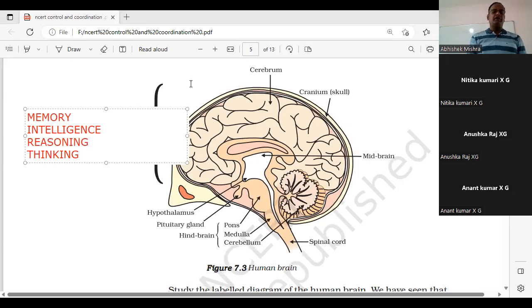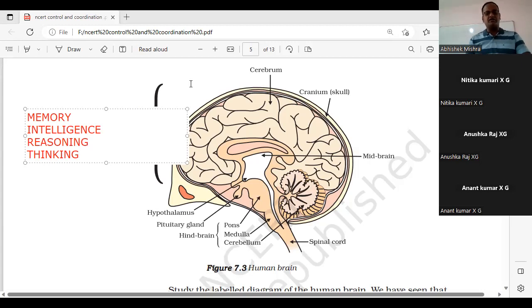They have the hormonal role. Actually, the hypothalamus secretes some hormone that will control the pituitary gland, and the pituitary gland will secrete some hormone which will control the remaining glands of the body. That is why the pituitary gland is called the master gland of the body.